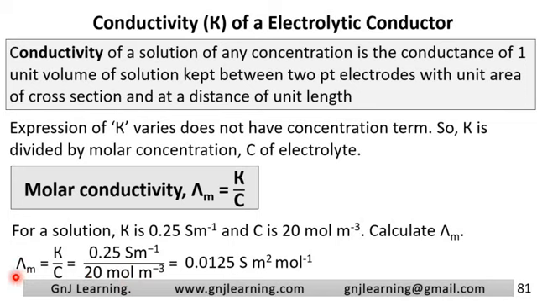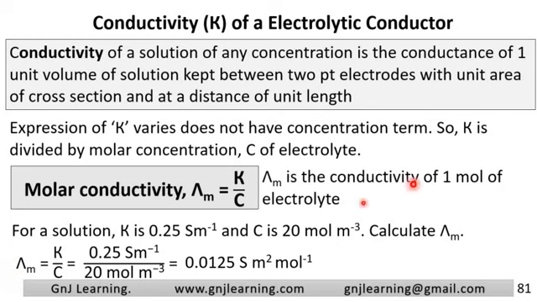So what is molar conductivity? Molar conductivity is nothing but conductivity of 1 mole electrolyte. Or you can say molar conductivity is the conductivity of molar volume. What is molar volume? Volume that contains 1 mole of electrolyte.